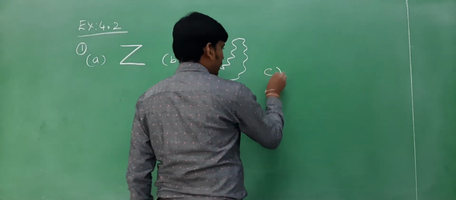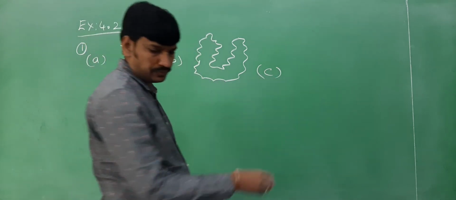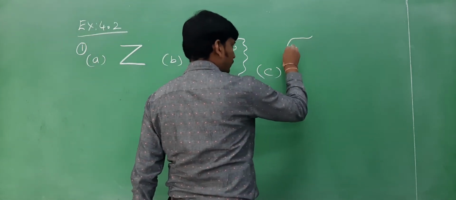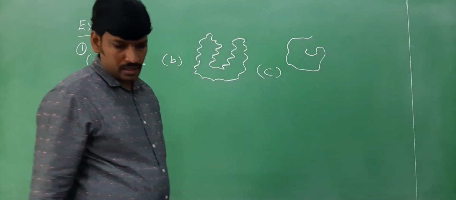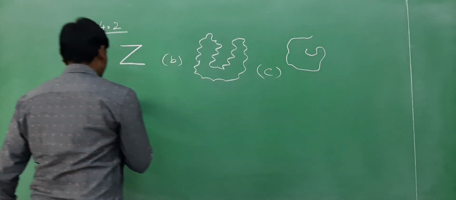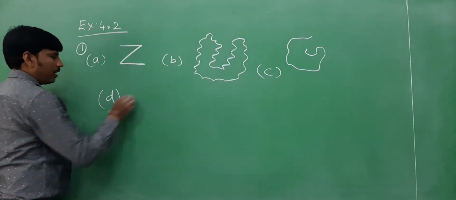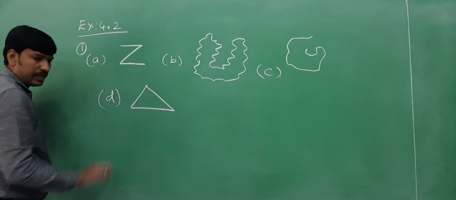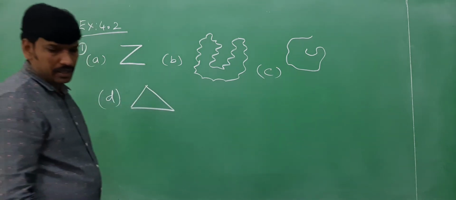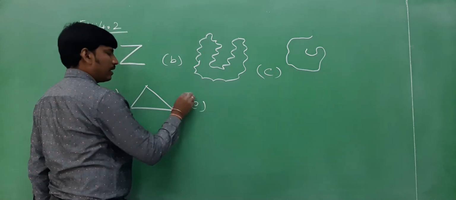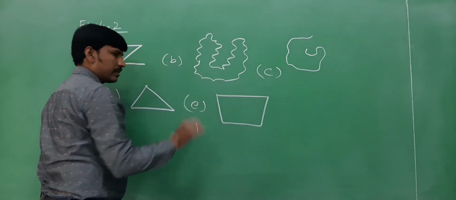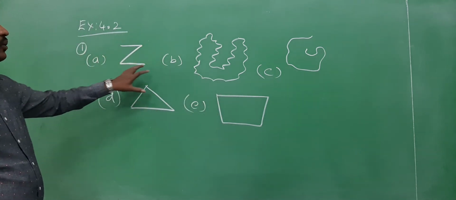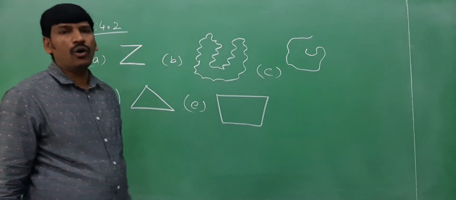And the C1 is like this, and the D1 is a simple 3-sided figure, that is a triangle, and the E1 is like this. They are asking which are closed figures and which are open curves.